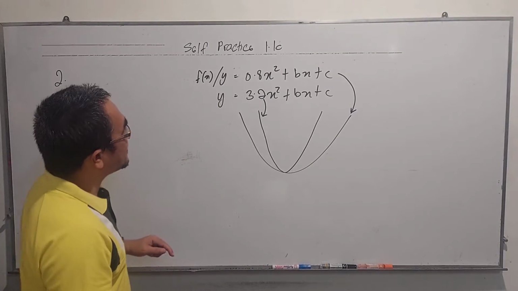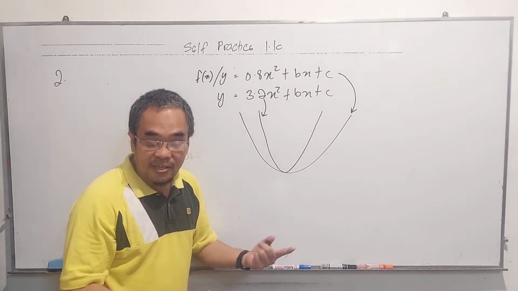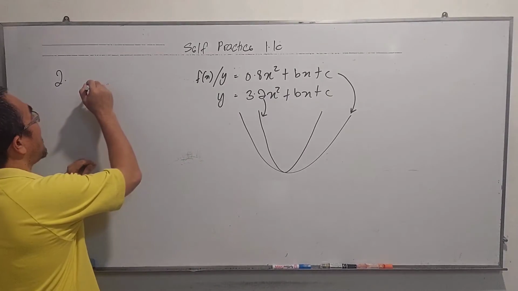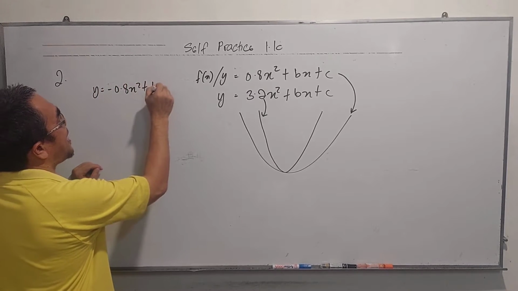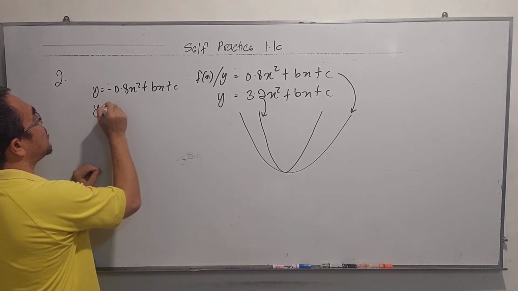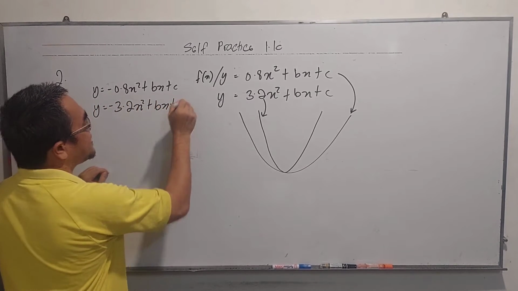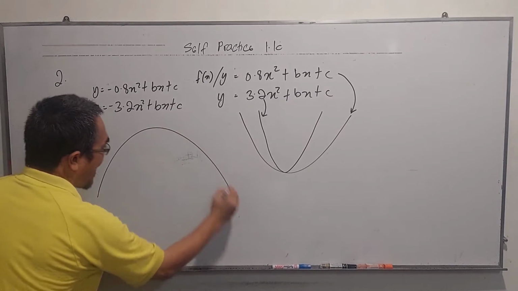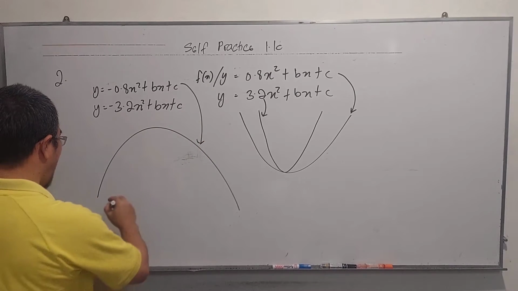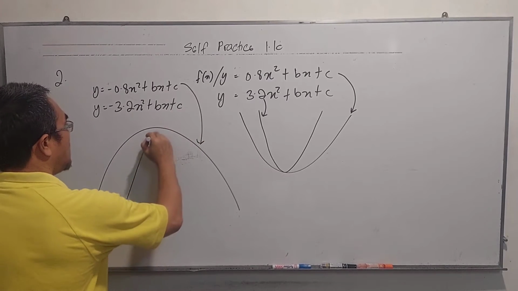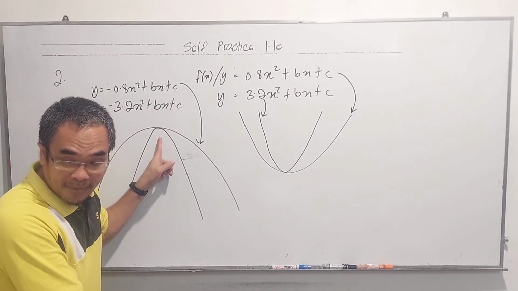So in other words, in case you are talking about negative values, let's say we have y equal to negative 0.8 x squared plus bx plus c, and y equal to negative 3.2 x squared plus bx plus c, the figure will be like this. This one is for the larger one, and the other figure, they will meet at the same maximum point.